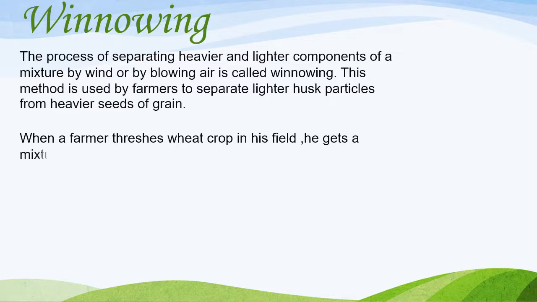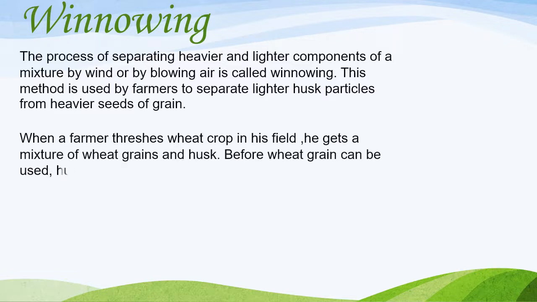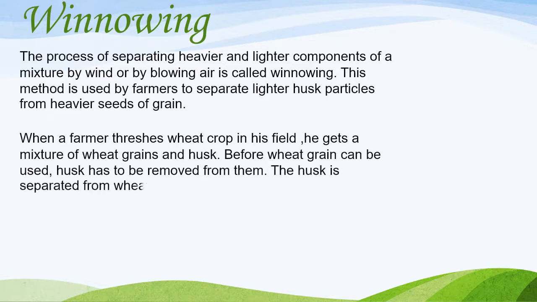When a farmer threshes wheat crops in his field, he gets a mixture of wheat grains and husk. Before wheat grain can be used, husk has to be removed from them. The husk is separated from wheat grains by the method of winnowing. So after the process of harvesting, the farmer gets a mixture of wheat grains and husk.